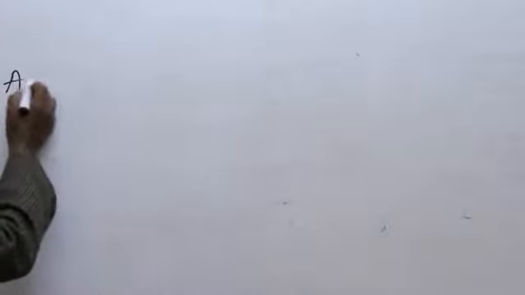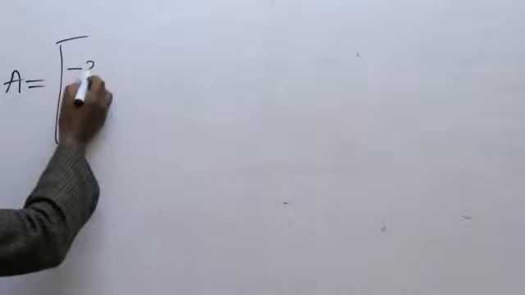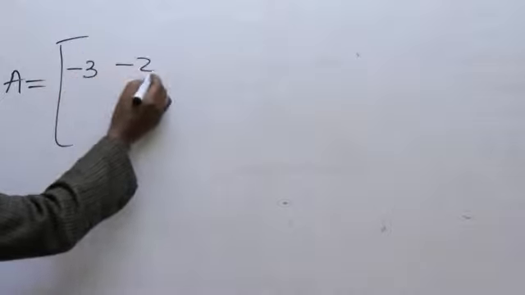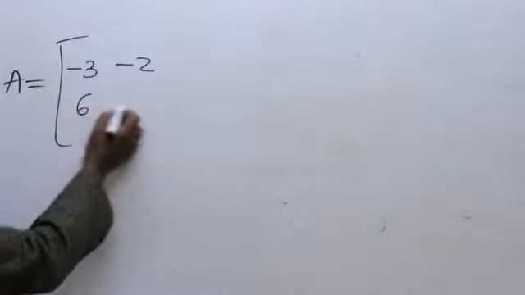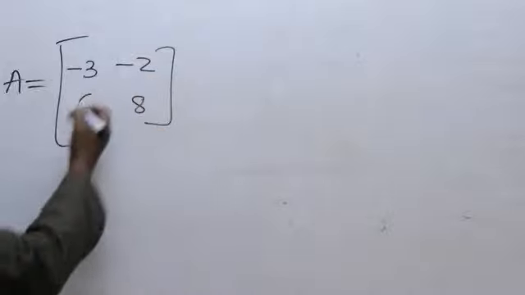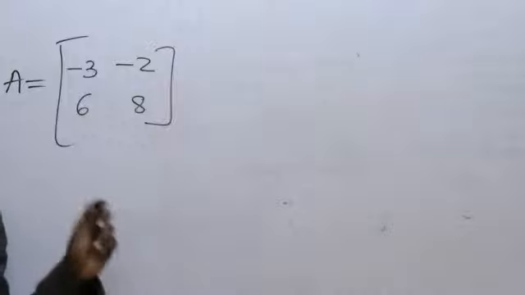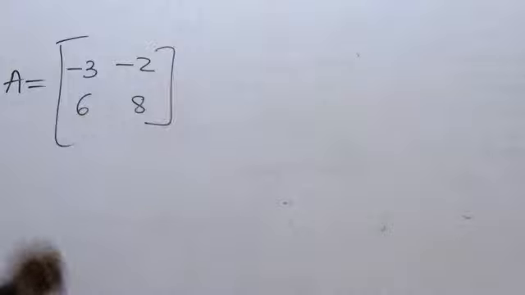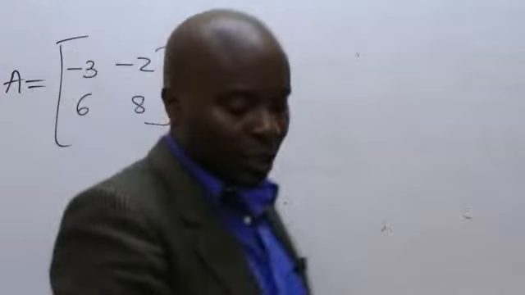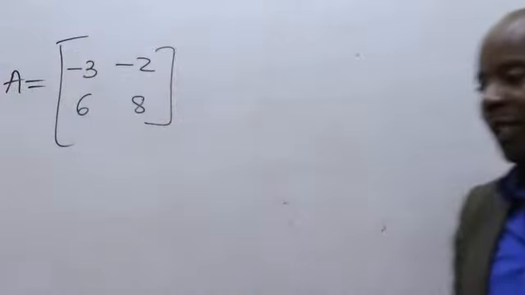You're given A equals -3, then we have -2, then we have 6 and 8. And then somebody tells you to find the inverse of this particular matrix.